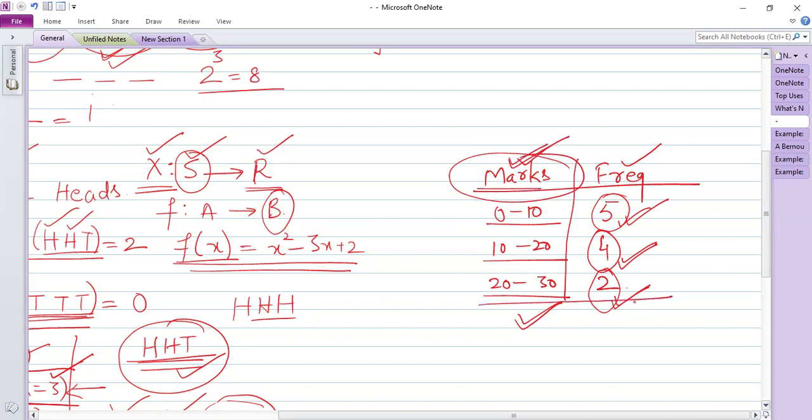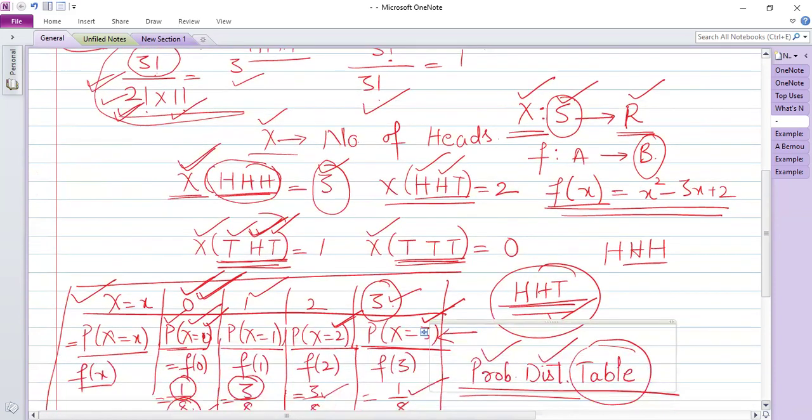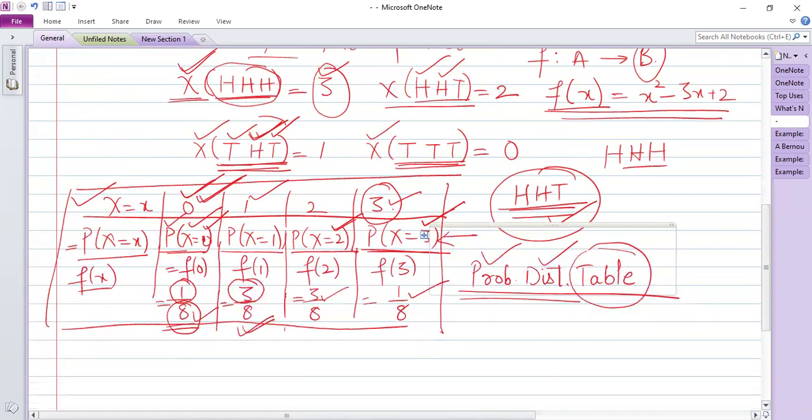Just like these tables, this is also a table, but this table gives us the distribution of the probability: how probability is distributed over various values of the random variable. That's why this is what we call the probability distribution.